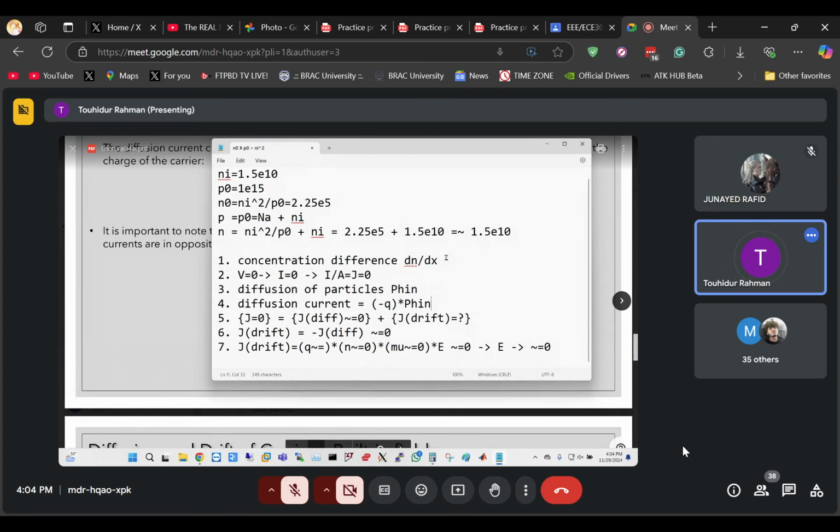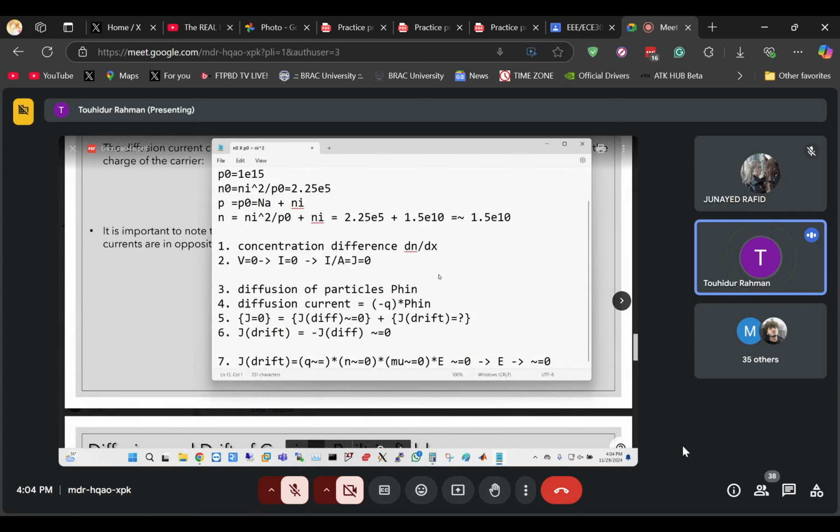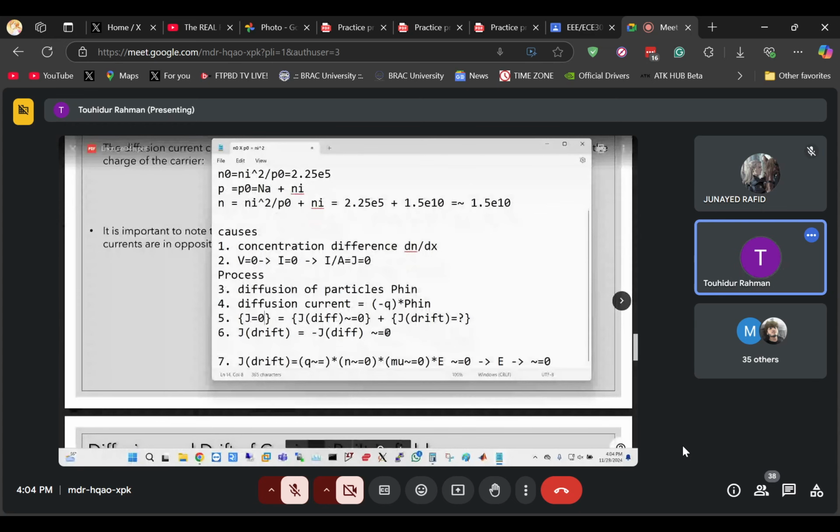You can structure your answers like this. The first two steps are the condition or cause. The center part, steps 3, 4 and 5, is the process. Using these initial conditions, we go through a process and come up with the result, and the result is there will be a built-in electric field.